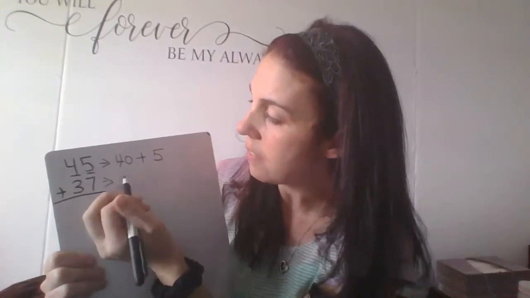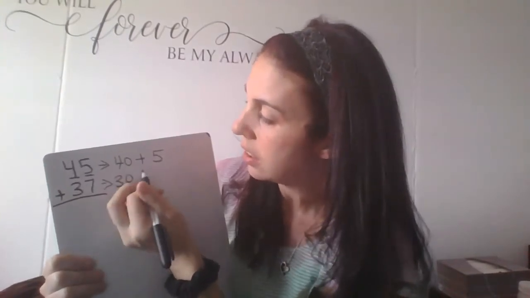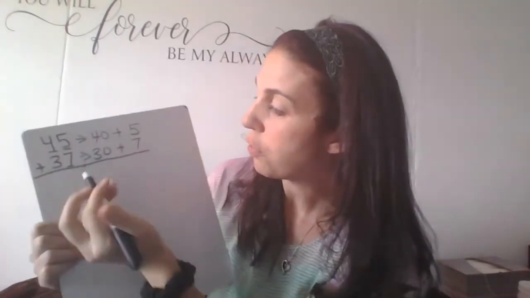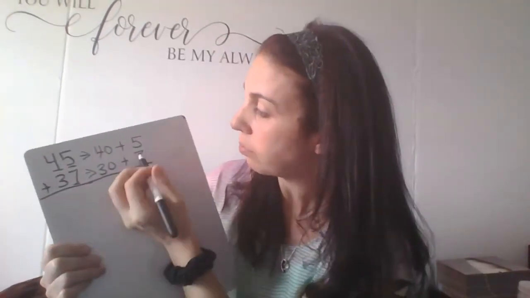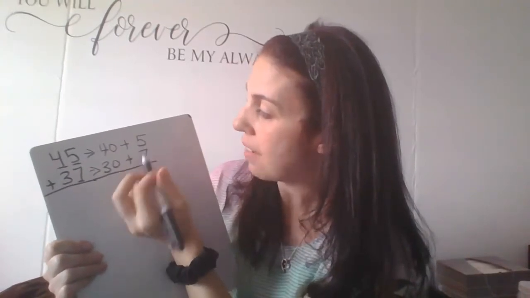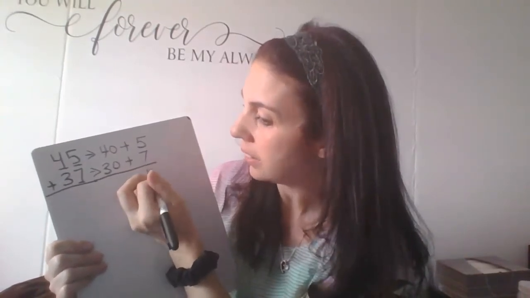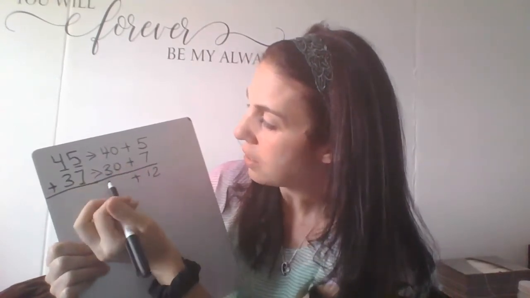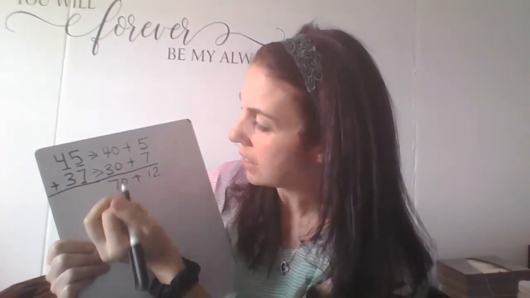And the 37 is 30 plus 7. So for our totals below, we know that 7 and 5 is 12 plus 30 and 40 equals 70.